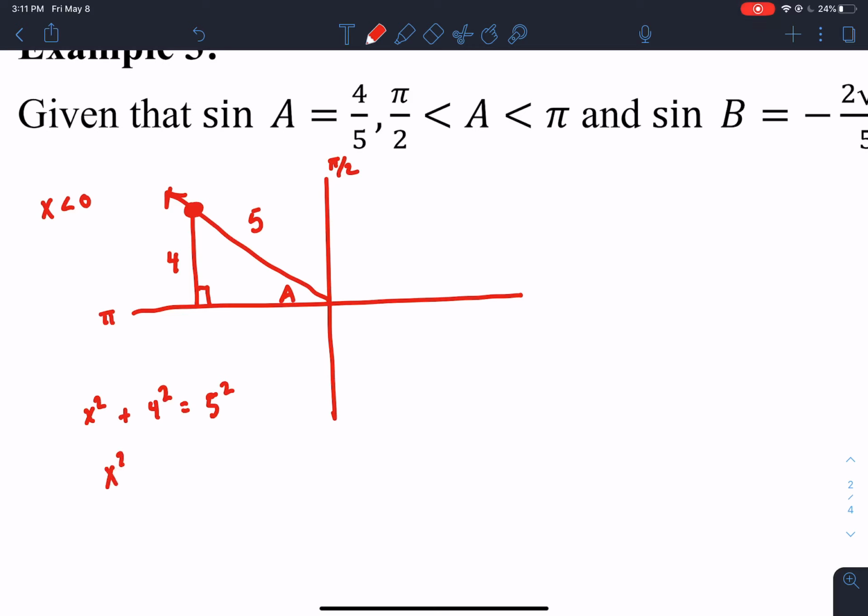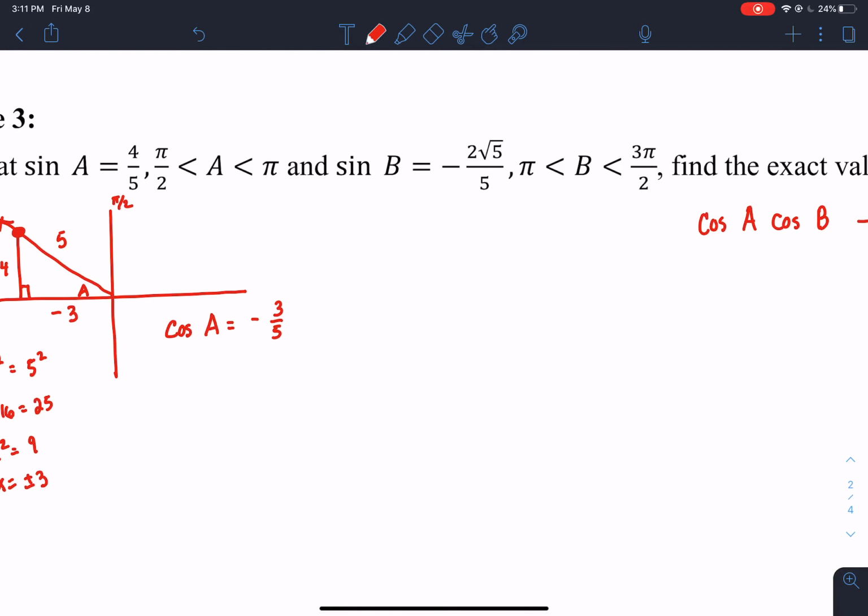So that's x squared plus 16 equals 25, and then x squared equals 9, so then x must be plus or minus 3. All right, now because it's in quadrant 2, we're going to make it negative 3. Okay, so then what is now cosine of A? All right, now cosine is x over r, so you got negative 3 over 5.